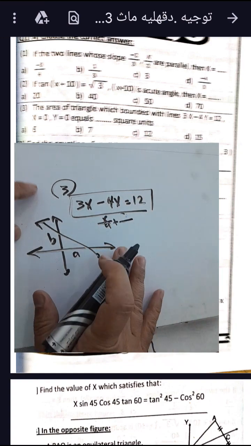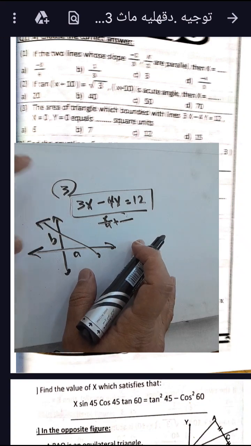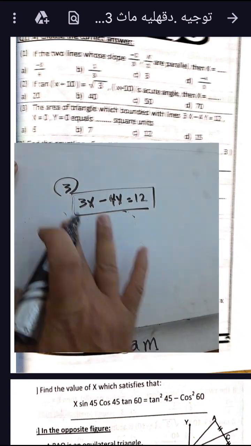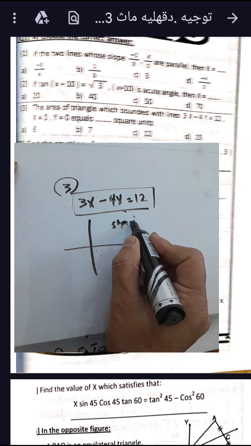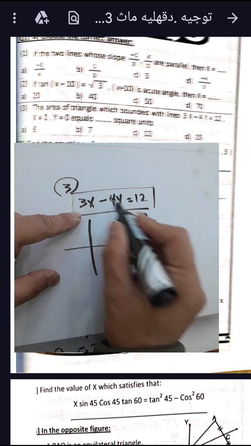We have the slope here will be negative coefficient of x over coefficient of y, so it will be 3 over 4, then it will be increasing, because slope equals negative coefficient of x over coefficient of y.